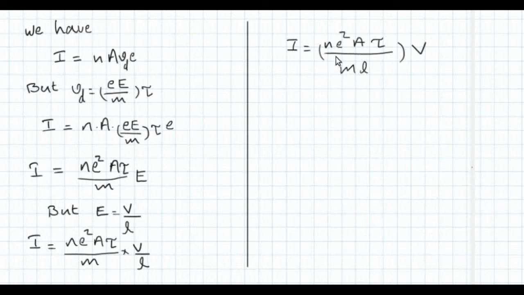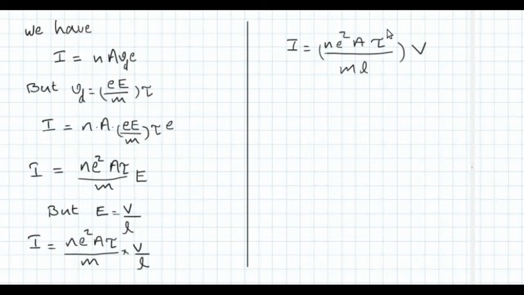Here N is the number density, a constant. The value of E is 1.6 times 10 raised to minus 19, a constant. A is the area of the wire or the conductor that we are using, and when a current flows through the conductor, this area is not going to change. So A is a constant.